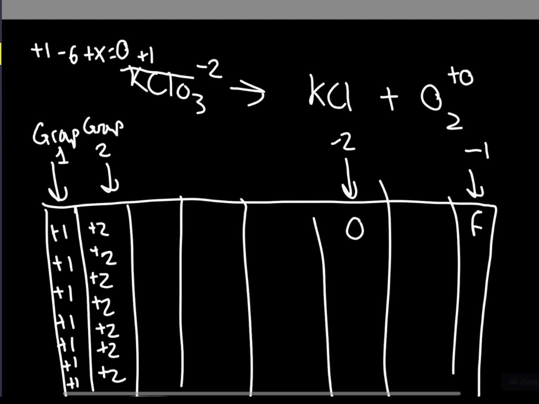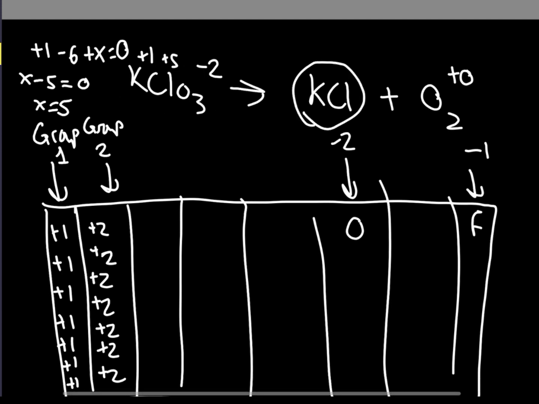Solving for X is simple math: 1 minus 6 is -5, X minus 5 equals 0, X equals 5. Chlorine has an oxidation state of +5 in this compound.